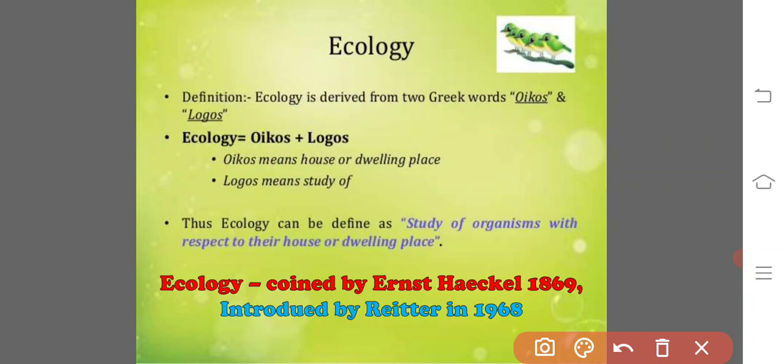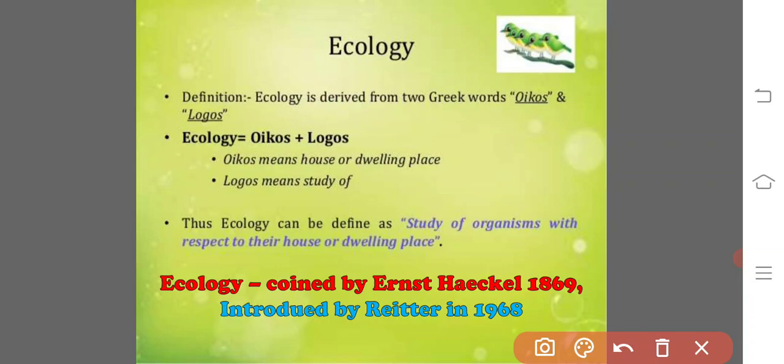And finally, the modern definition of ecology is the study of the structure and function of nature. Ecology is useful in agriculture, fisheries, forestry, biological survey, pest control, pollution control, soil conservation, and wildlife conservation.